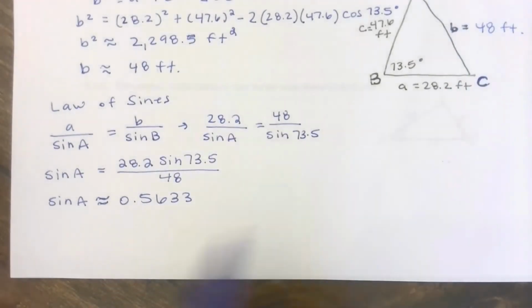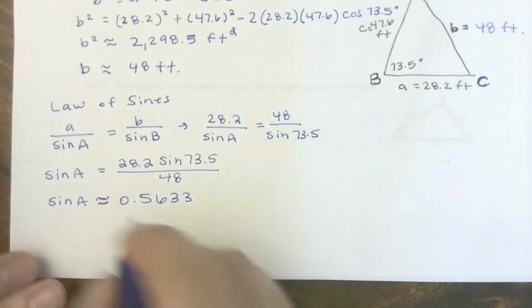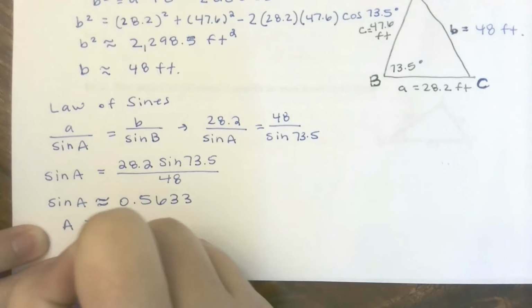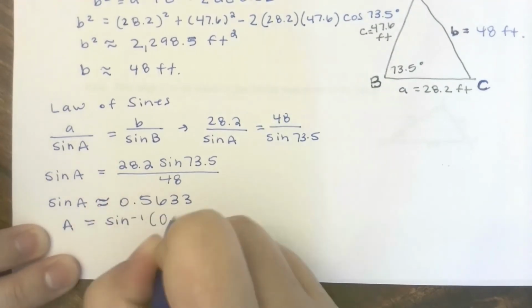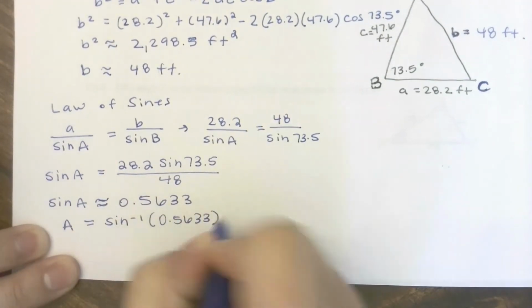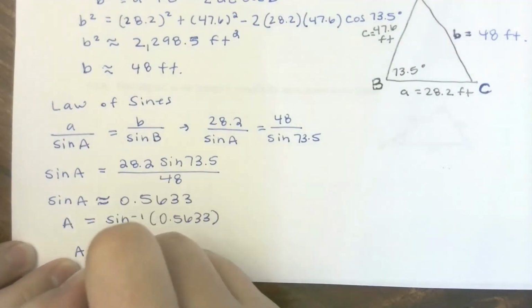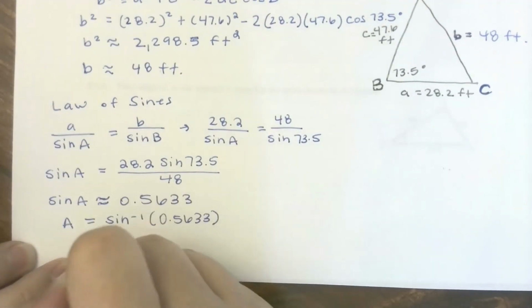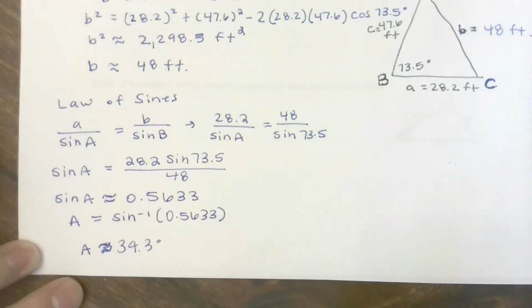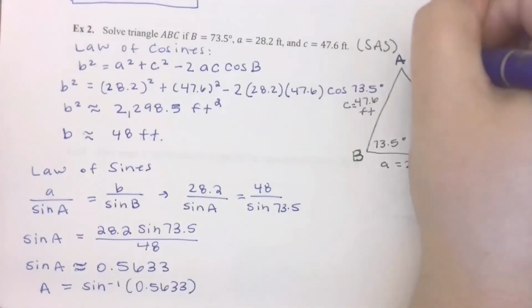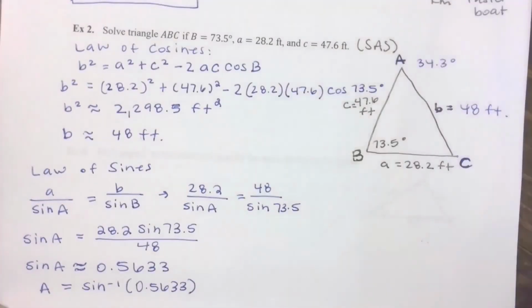Remember that we are looking for angle A, so we're going to solve for A. A equals sine inverse of 0.5633, which gives me that A is approximately 34.3 degrees. If I add that into our chart here, A is 34.3 degrees.